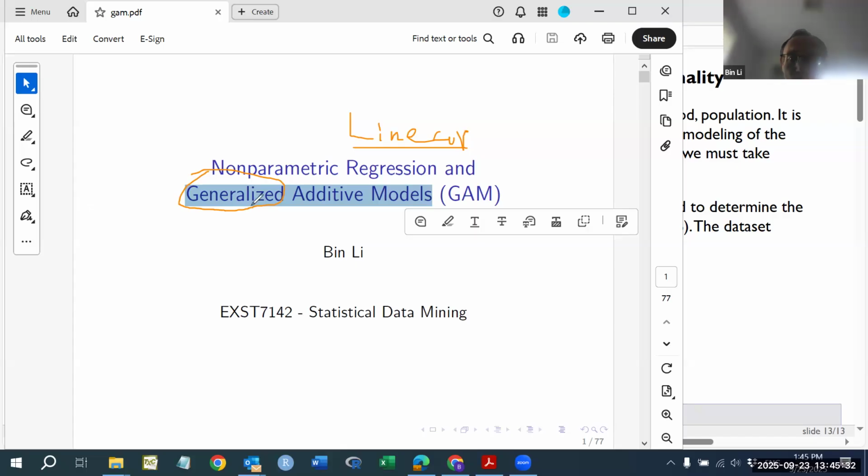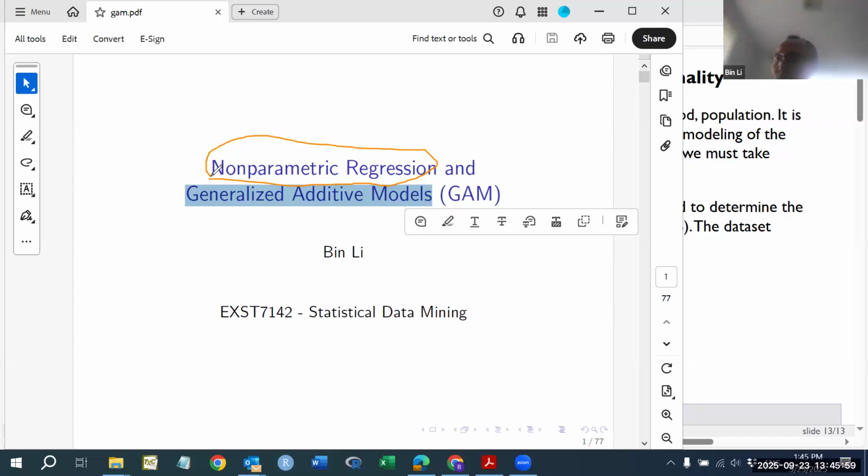But before we move to the GAM model, we have to talk about non-parametric regression first. So what is that? That is a nonlinear regression for one variable. So GAM is an extension of the GLM through including the nonlinear effect.